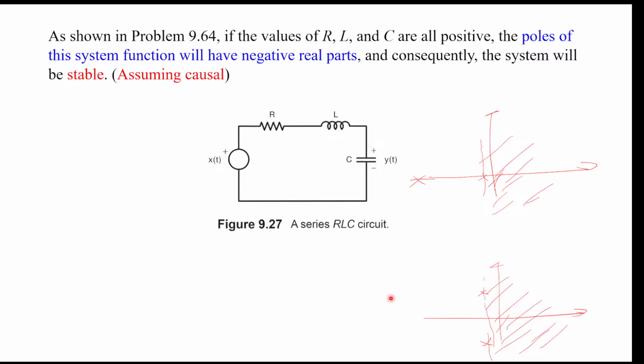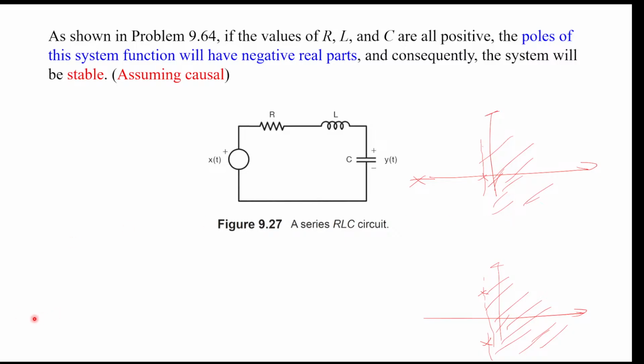This is an analysis that we have done before: if all the poles of a rational function have a negative real part, then you pick the rightmost ROC, and this rightmost ROC will also contain the j omega axis.